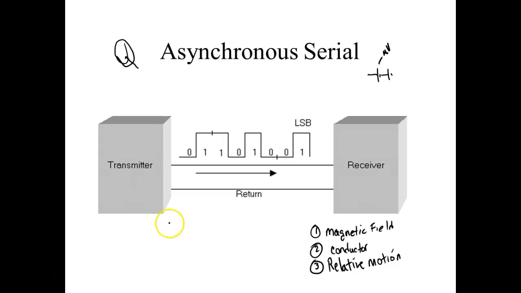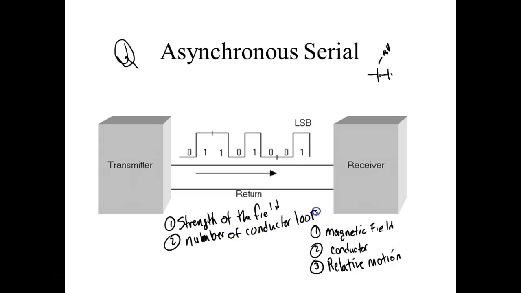So what determines the amount is the strength of the field. And number 2 is the number of conductor loops. And number 3 is the speed of the motion.